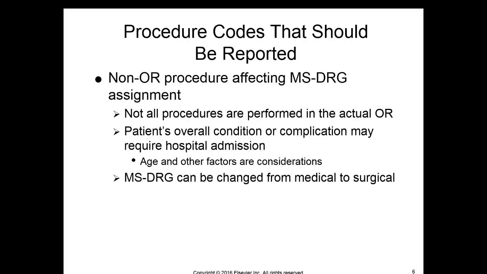And in this particular case, when we add this procedure code to this particular diagnosis, it changes the DRG from a medical DRG to a surgical DRG. So in this instance, that insertion of the vascular access device does impact reimbursement.